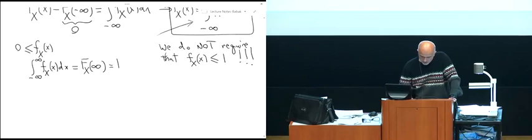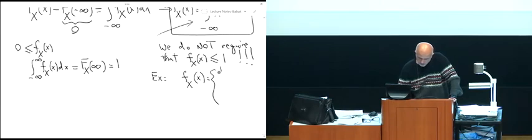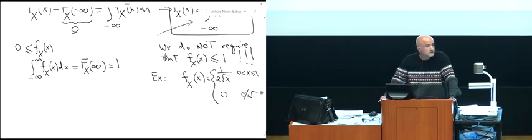So I'll just give you an example of that. This is a valid PDF: 1 over 2 square root of x for x greater than 0 and less than or equal to 1, and 0 elsewhere. This is non-negative, and if you integrate it, you get 1. This is a valid PDF, but it blows up at 0.